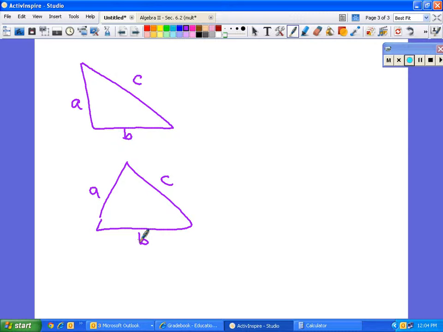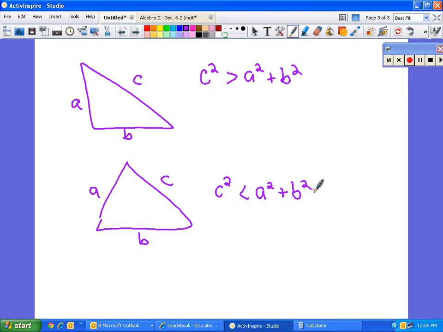Now, we have two other possibilities. One is that c squared is greater than a squared plus b squared, or that c squared is less than a squared plus b squared.